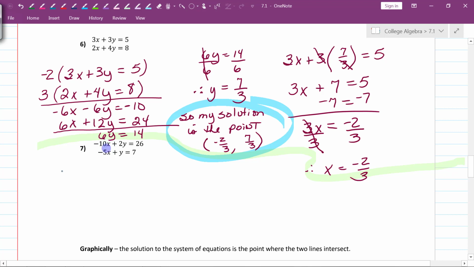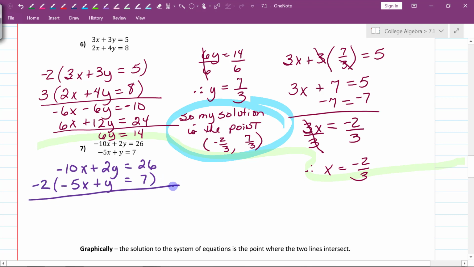So I have negative 10x plus 2y is equal to 26. My second equation is negative 5x plus y is equal to 7. I'm going to multiply this equation right here by negative 2.